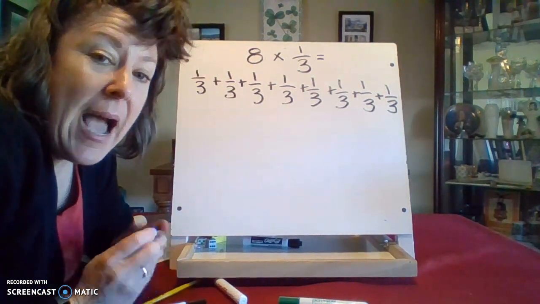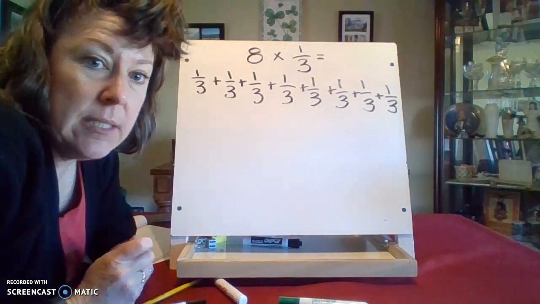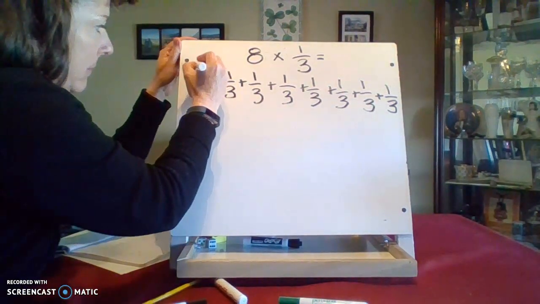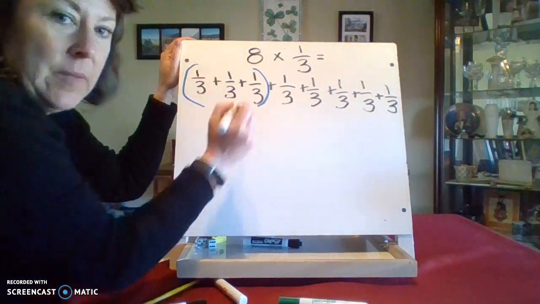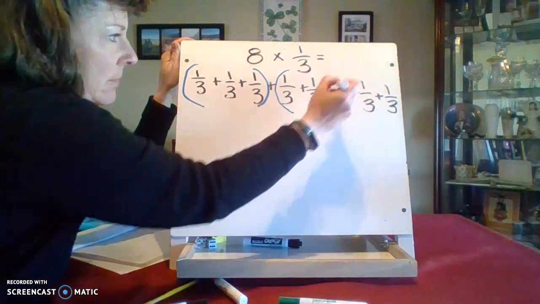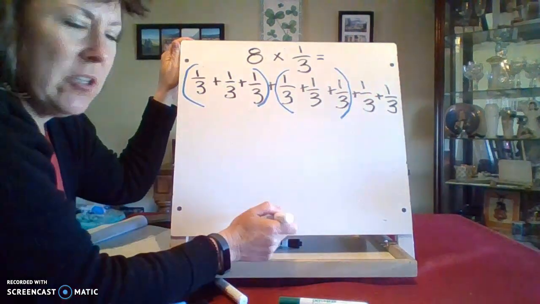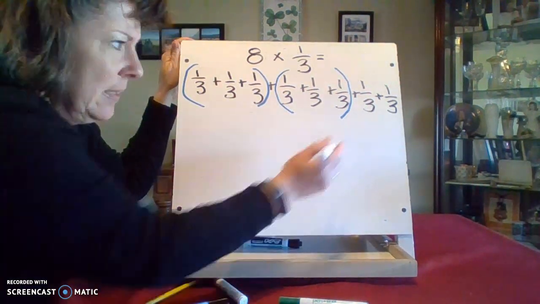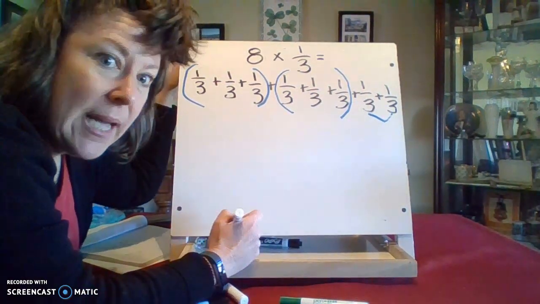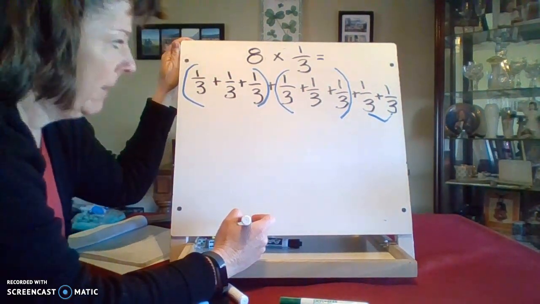So again, how many thirds do I need to make a whole? I need 3/3. There's 3 together. There's another 3 together. But then here, I have an extra 2.